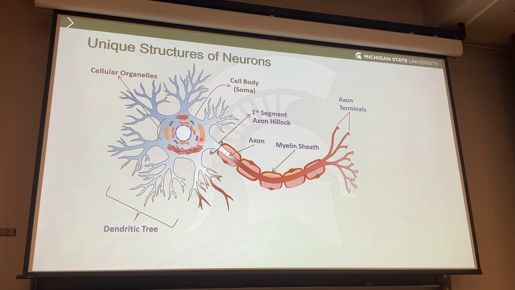Neurons are highly specialized cells that we have in our nervous system. The basic breakdown is the cell body is here, and in neurons, the cell body is known as the soma. It has all of the standard membrane-bound organelles that everybody learned about in basic cell biology courses.